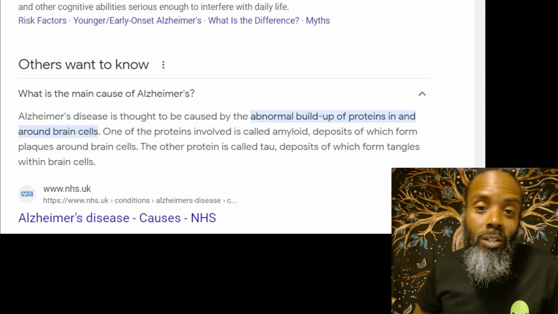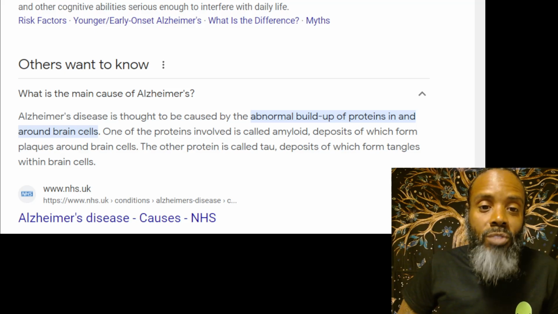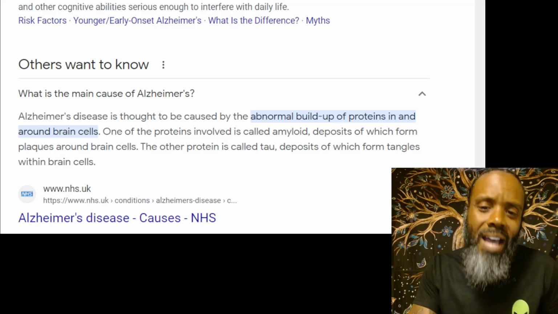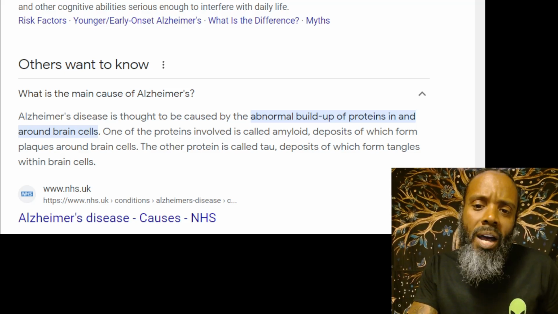But according to this, one of the proteins involved is called amyloid, deposits of which form plaques around the brain cells. Other protein is called tau, deposits of which form tangles within brain cells.